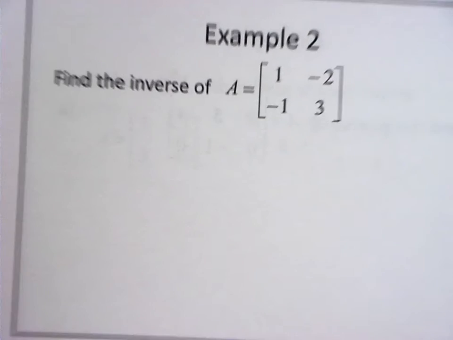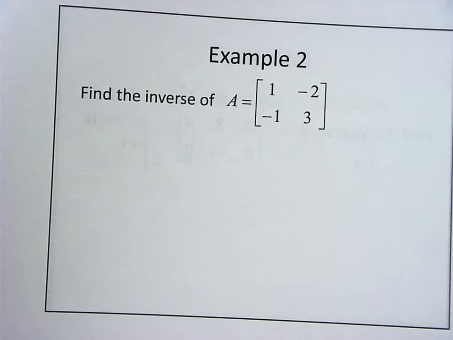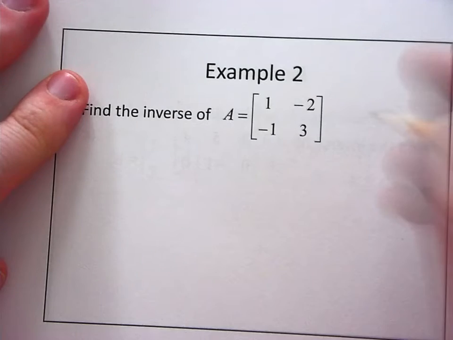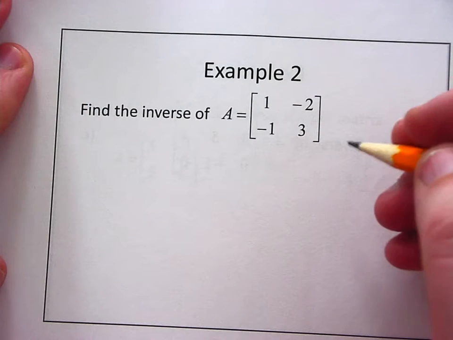Okay. If I just want to find the inverse, there's a couple different methods. Honestly, if it's a 2 by 2, I use what I consider to be an easier method.